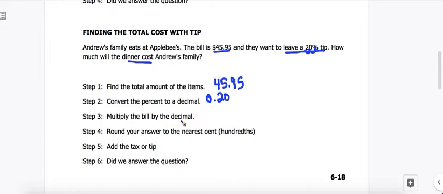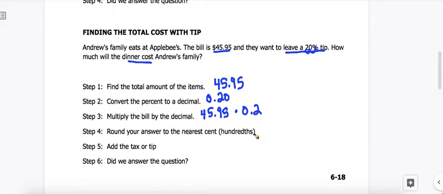Okay, now we're going to multiply the bill by the decimal. So we're going to take 45.95 times the decimal, which is 0.2 or 0.20. Okay, I don't need to put that zero at the end. I can just call it 0.2 or 0 and 2/10.